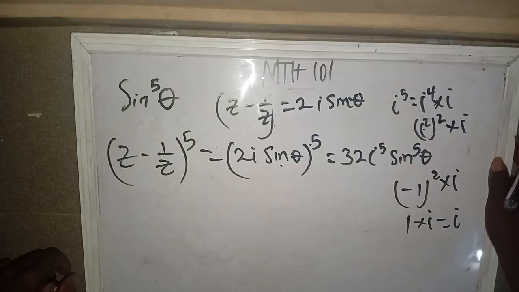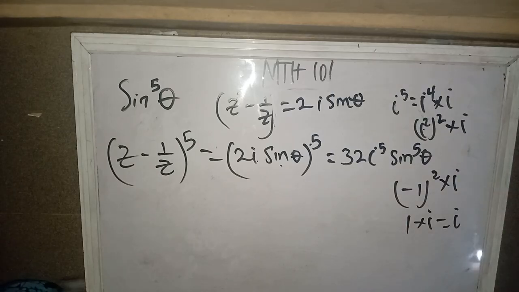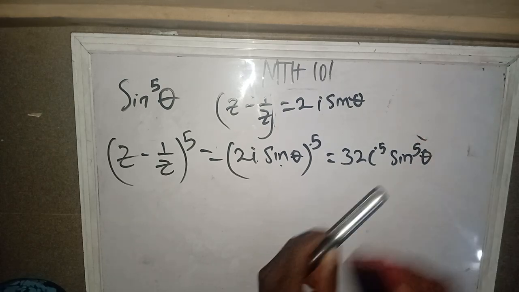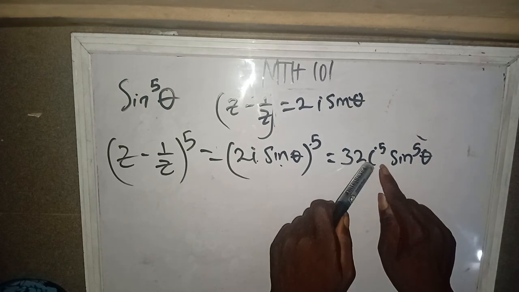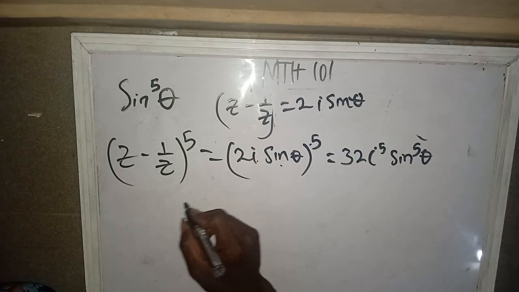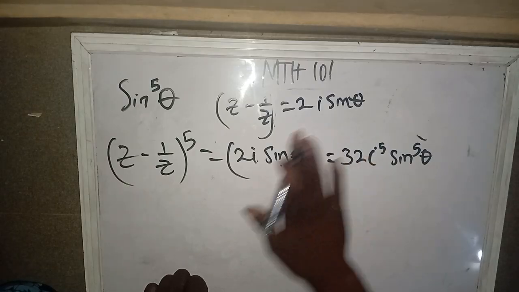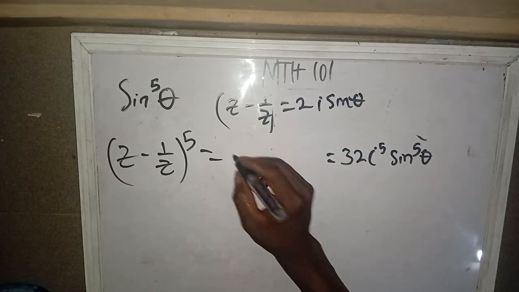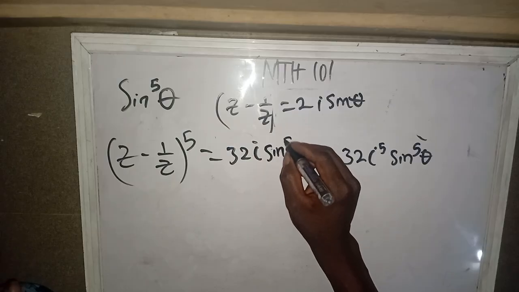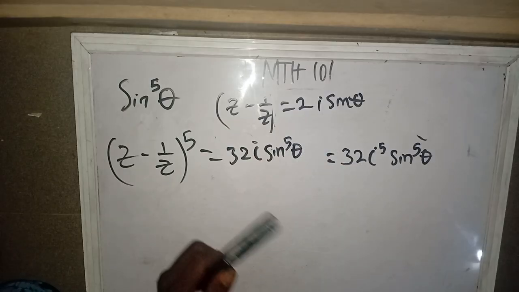So i raised to power 5 is the same thing as i. So we are going to replace that i raised to power 5 with i. If you don't know how we get i, go and watch my video on complex numbers. So here we have z minus 1 over z to the fifth power giving us 32i sin to the fifth theta. Are we together?